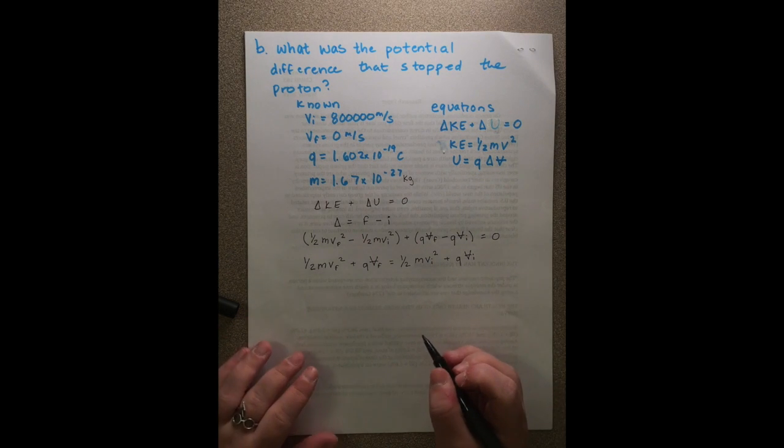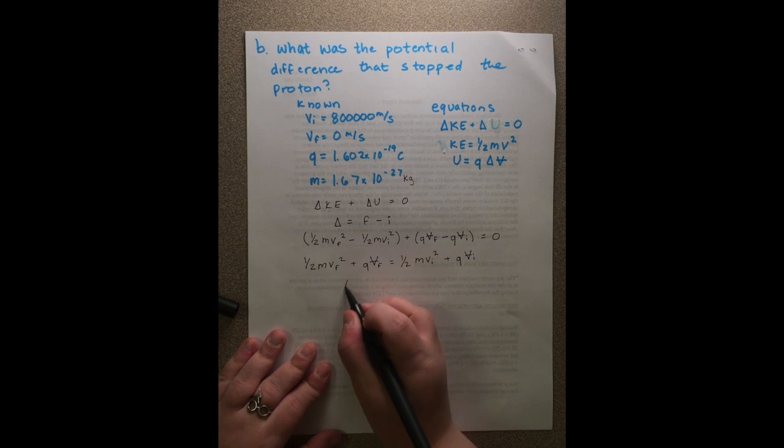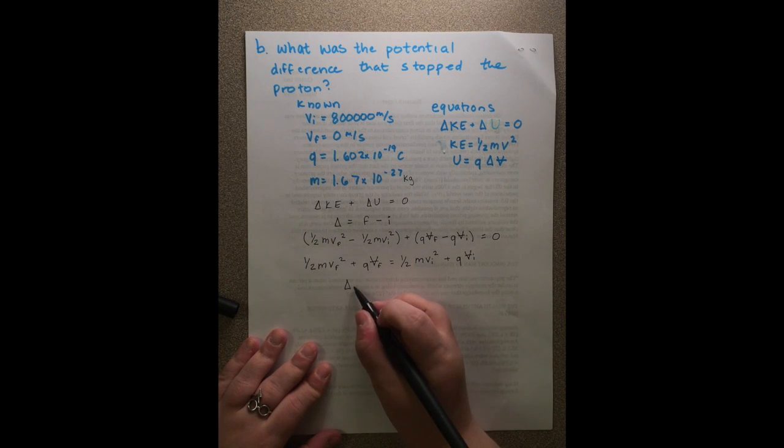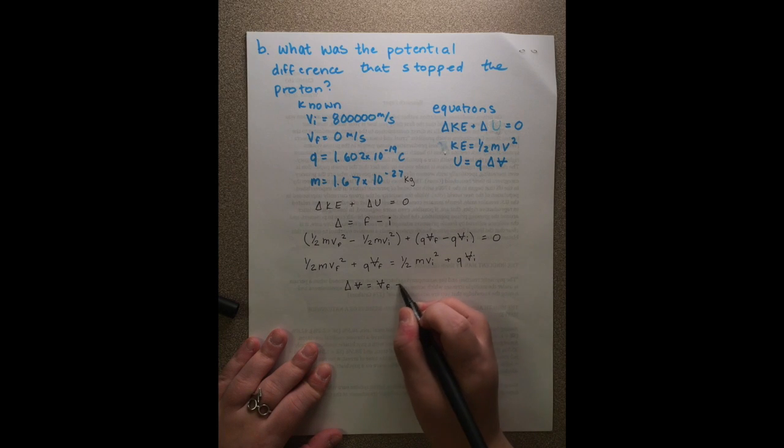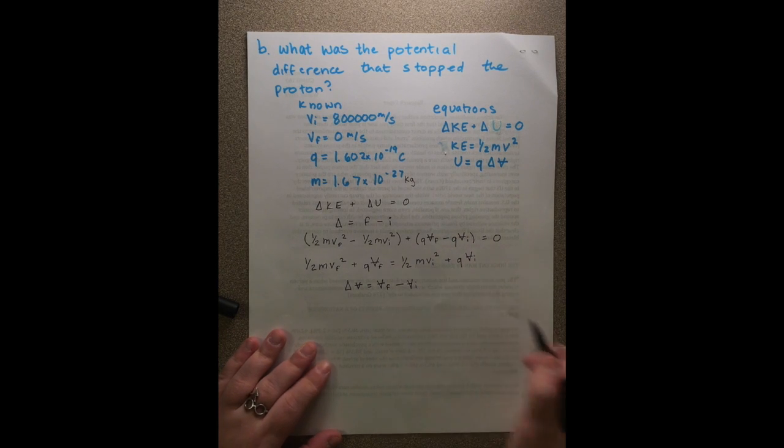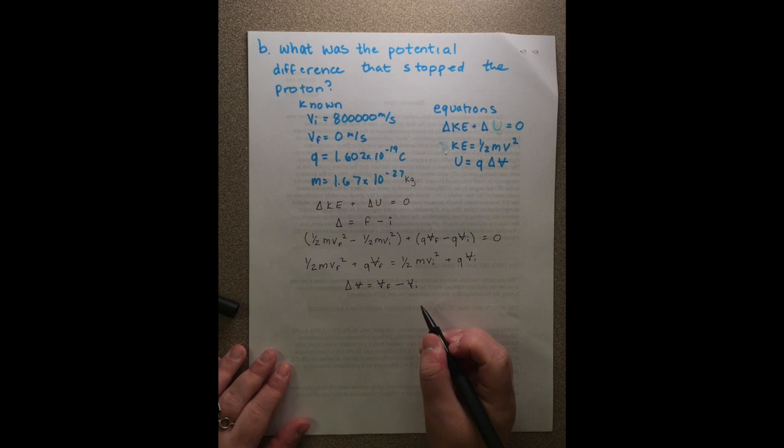Let's remember that what we want to solve for is the change in potential, which means that that will be this big V final minus V initial.